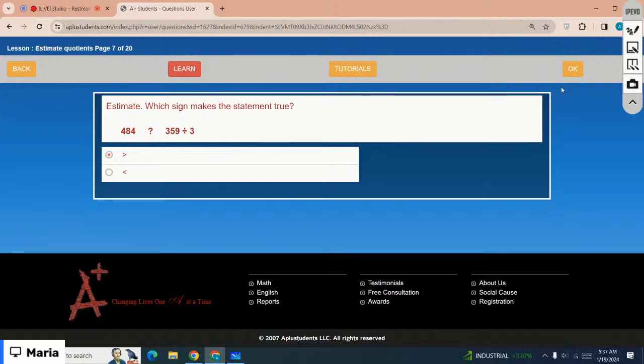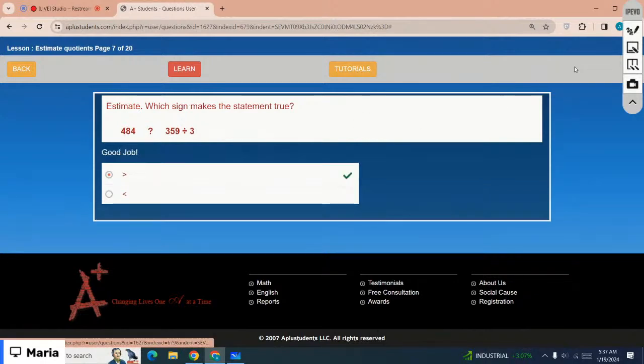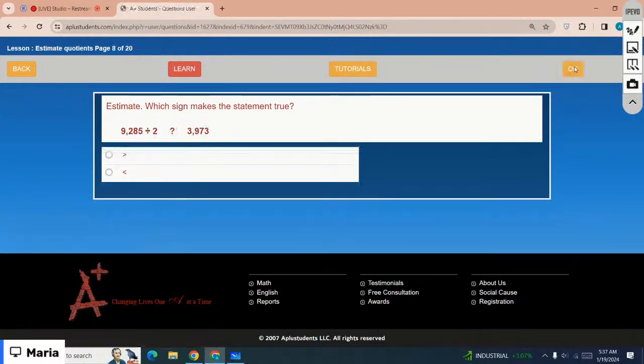The correct option is greater. 484 is greater than, right? Yes. Okay, 9285 divided by 2, greater than or less than 3973, which is the correct option? Yes, that is also greater. The correct option is greater.